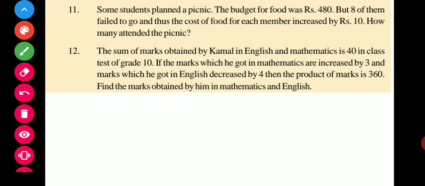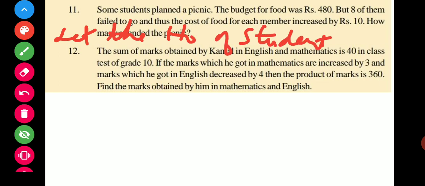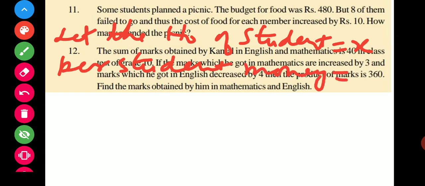तो फर्स्ट ऑफ ऑल वी वांट टू let the number of students equal to x, and per student money equal to rupees y.